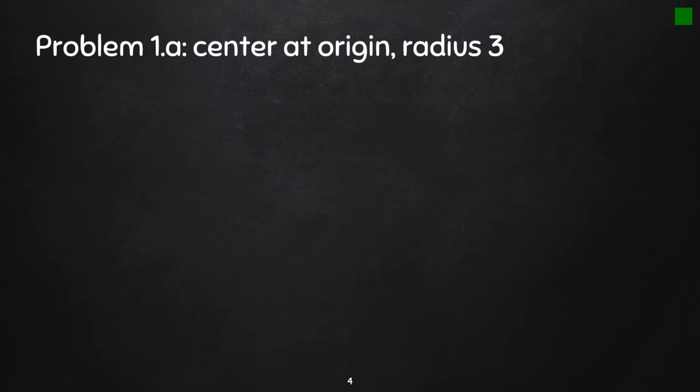We are given a circle with center at the origin and radius of 3. So what are we going to do with this? How can we find the equation of this circle in standard form given that the center is at the origin and the radius is 3?